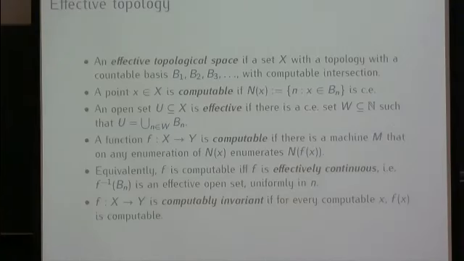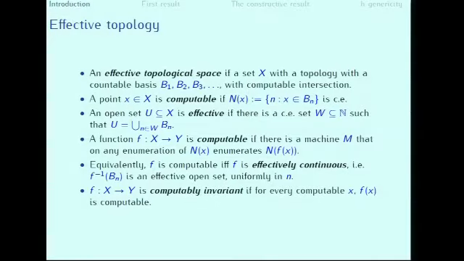We can also say that x is computable from y if there is a machine that, given any enumeration of the neighborhoods of y, enumerates the neighborhoods of x. Depending on the space, we can get Turing reduction here or other types of reduction.